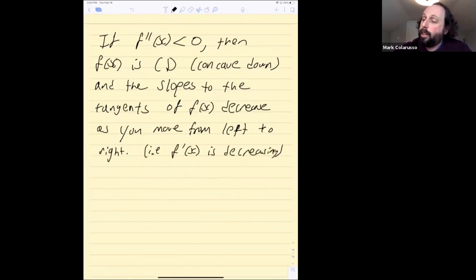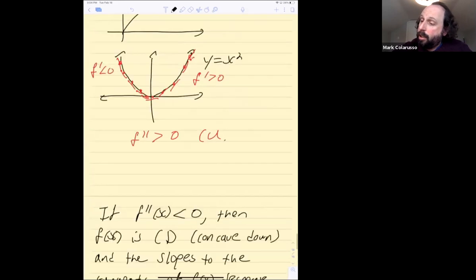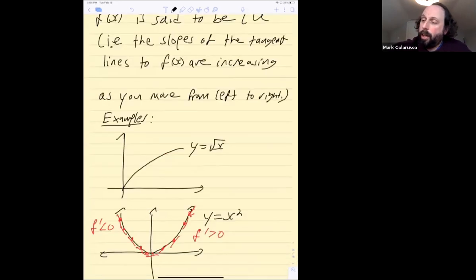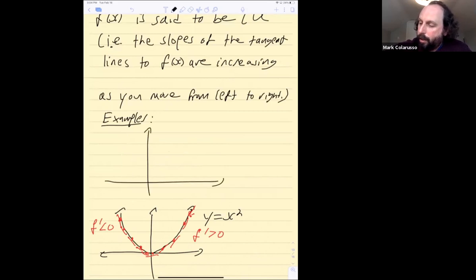So that's like the root curve. This one I didn't even do. I meant to do the exponential here. So this is y equals 2 to the x, concave up.